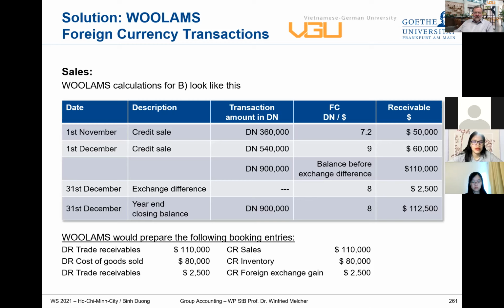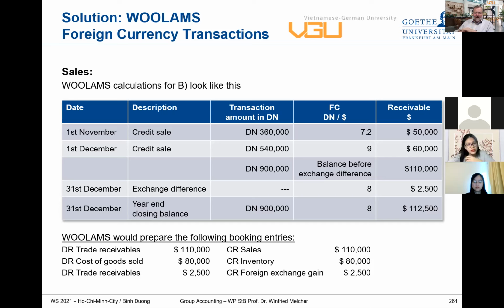But when you also look at the trade receivables, you gain a receivable of 110, but you lose inventory of 80,000. So what's the difference? The difference is a profit of 30,000. And here you can see the advantage of a double entry booking system, because in the P&L and in the balance sheet, you have the same profit.